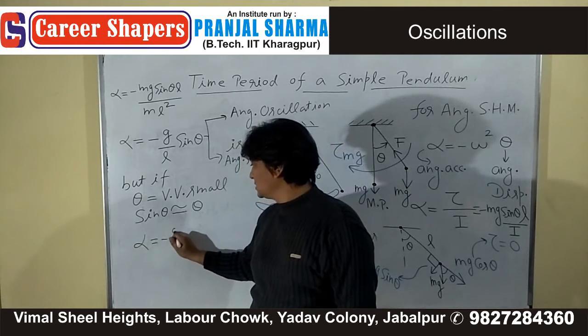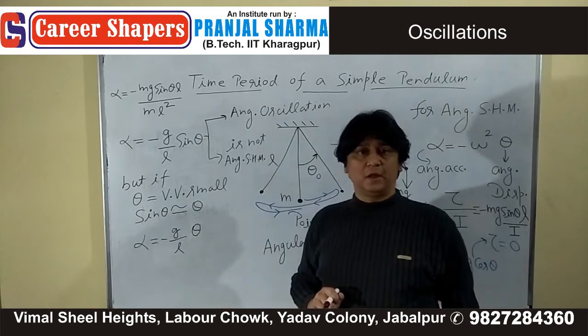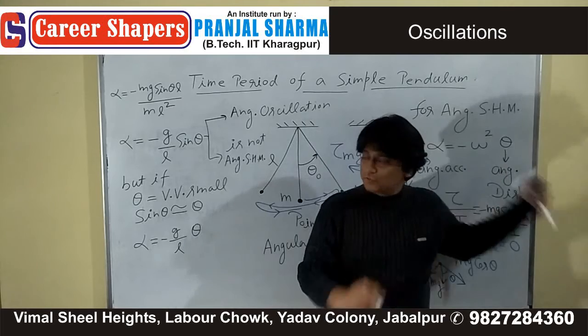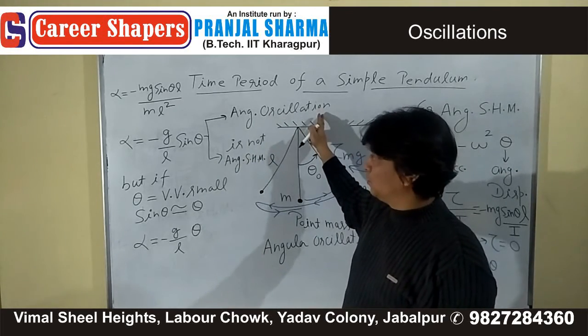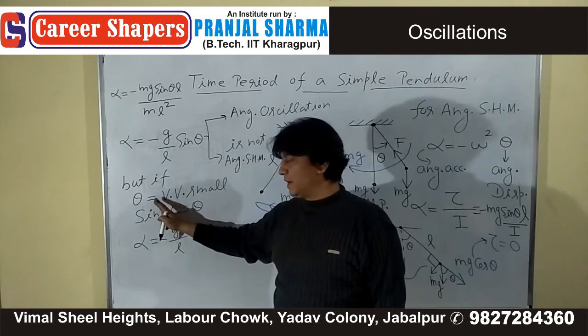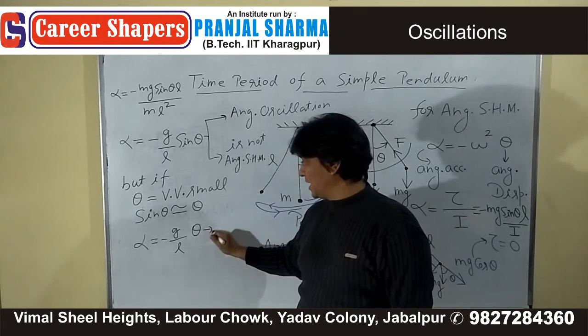Alpha as minus of g upon L into theta, which is this. And therefore angular oscillations which are not simple harmonic, once you say theta is small, this also becomes what?